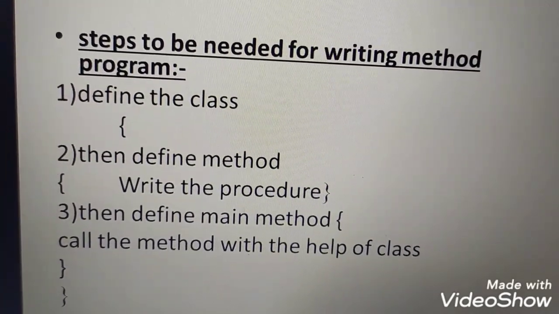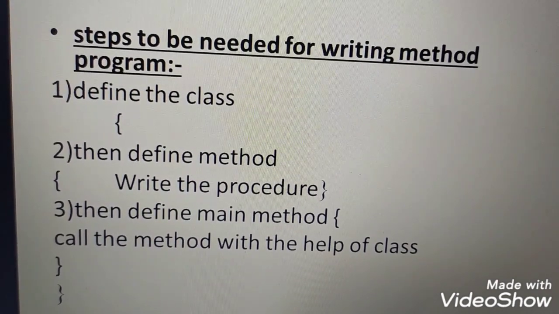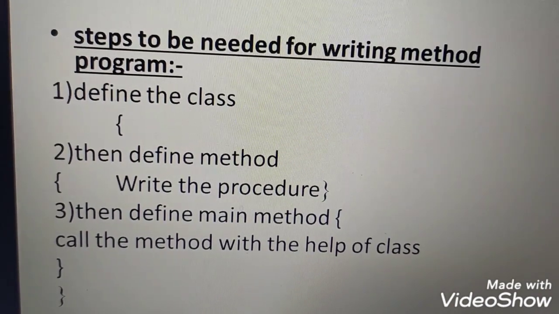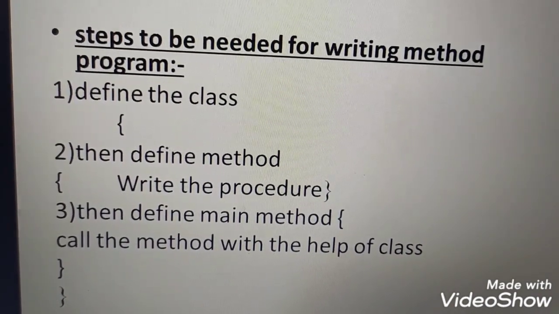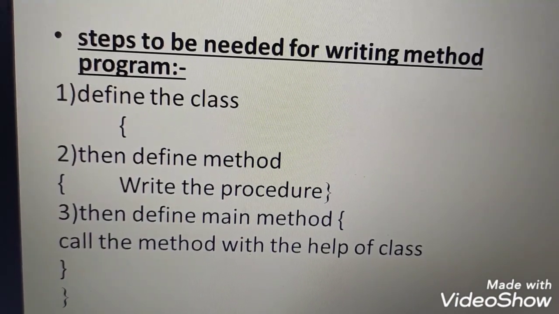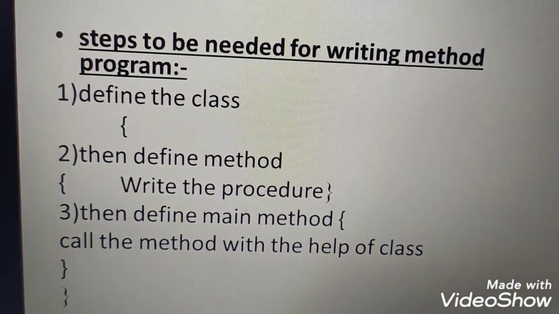Okay. So first what you should do, you have to define the class. Then you have to give the curly braces. Then you have to define the method. Then again you have to write the curly braces. Then you write the procedure for the method and end with the curly braces again. Okay.